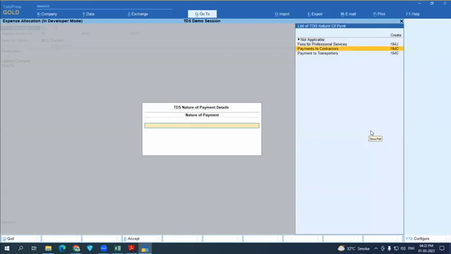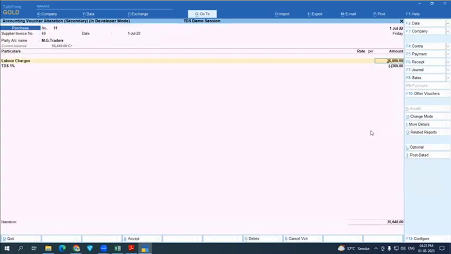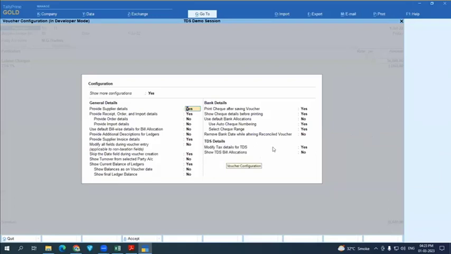So maybe you are asking about that; you can choose the category here as per your need. Till that limit is crossed, you can select the second category, and after that limit you can select your lower deduction category. Okay, that choice is in your hands. For that you have to press F12 and select here modify details about GST, TDS. Okay, normally it is No.